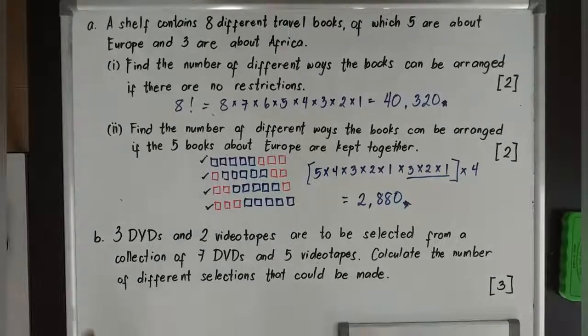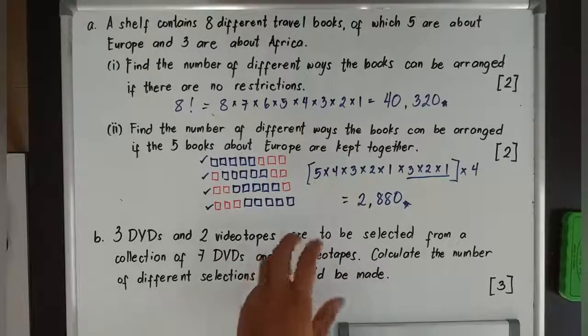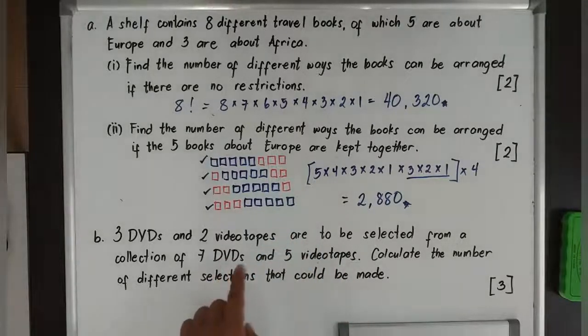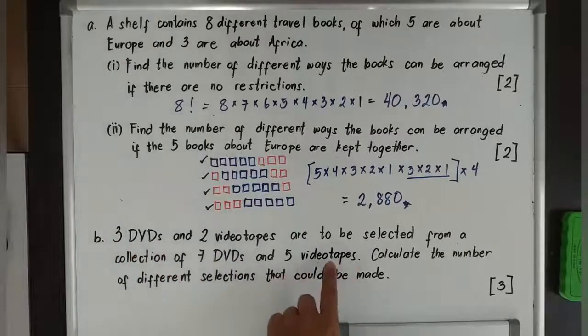Letter B, 3 DVDs and 2 videotapes are to be selected from a collection of 7 DVDs and 5 videotapes. Okay, let's analyze first. There are 7 DVDs, I need to select 3. There are 5 videotapes, I need to select 2. Okay, my problem now here is, can it be done by analyzing it through arrangements?